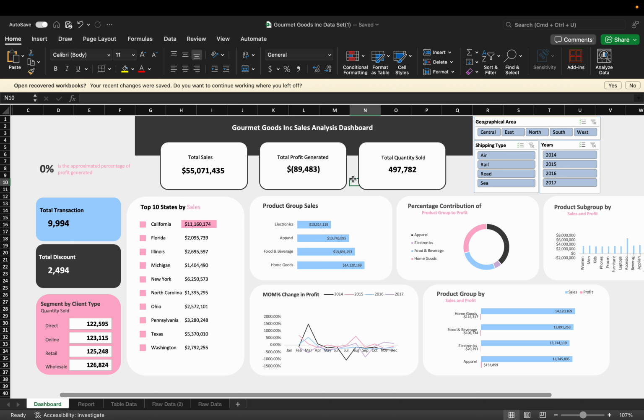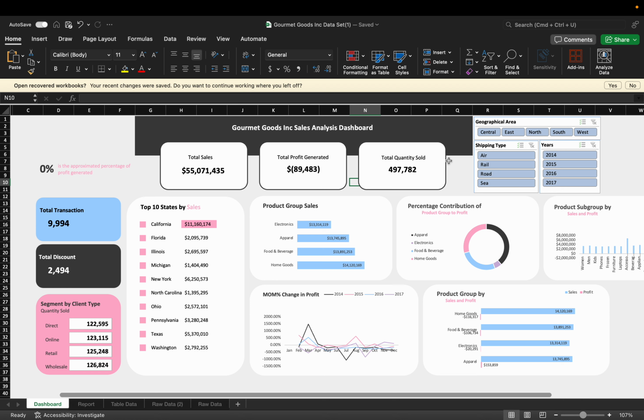That means if our cost of goods sold is higher than our sale amount, it's going to be a negative value. The total quantity sold within that time period is almost 500,000 goods.